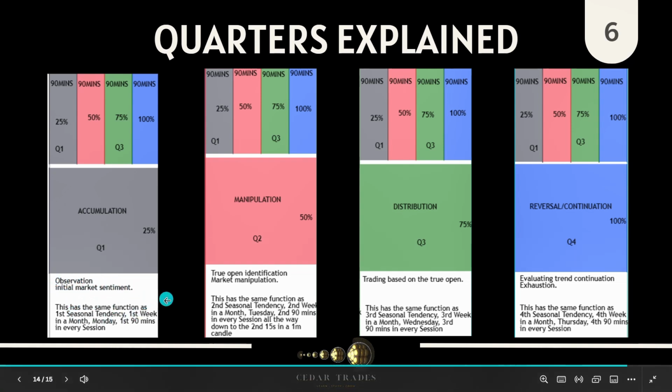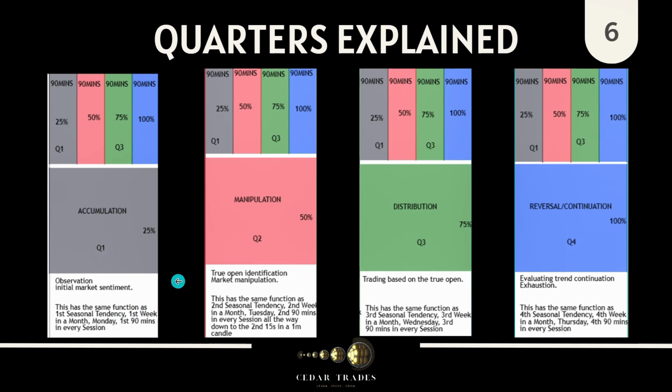This has the same function as your first seasonal tendency, your first week in a month, your Monday, your first 90 minutes in every session, because in each and every 6 hours, if you want to find quarters of 6 hours, it's 90 minutes, which makes 3 hours, because it's 1 hour 30 minutes, 1 hour 30 minutes, 3 hours, 1 hour 30 minutes, 1 hour 30 minutes, 6 hours.